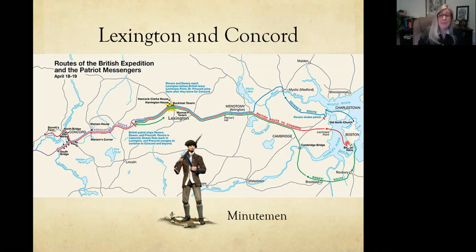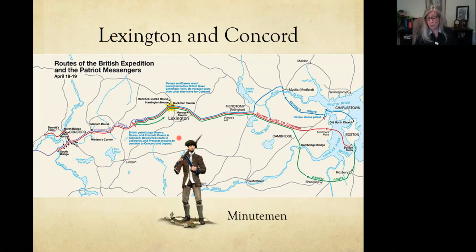But in the meantime, all of these little communities outside of town have launched their Minutemen into motion. The Minutemen, they're ready to fight at a minute's notice. And they're hiding out behind trees and rocks all along this road that goes back to Boston. And they just pick off one soldier at a time with sniper-type attacks.